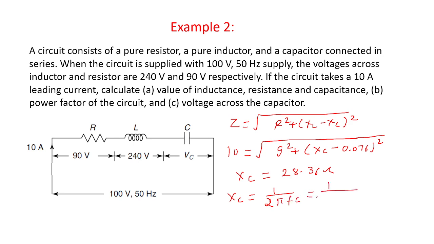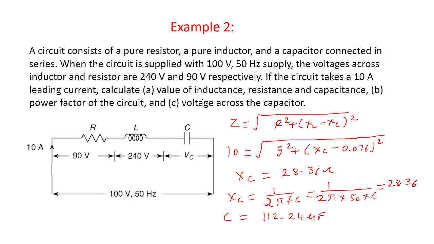So 2 pi into frequency is 50 into capacitance is unknown, that we need to find. XC is 28.36. From here, if we solve it, we can easily calculate the capacitance, that is 112.24 microfarad. This is the answer for the capacitance.